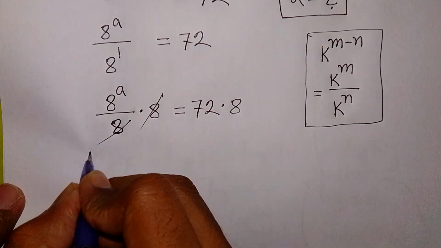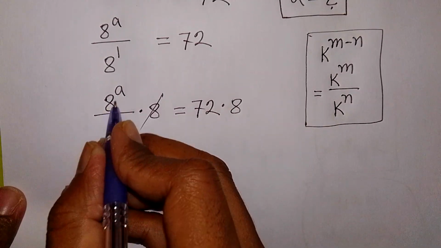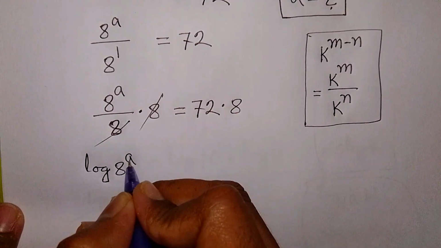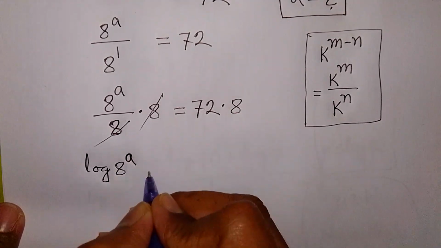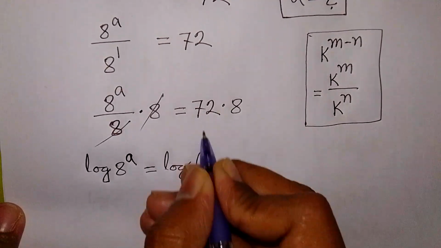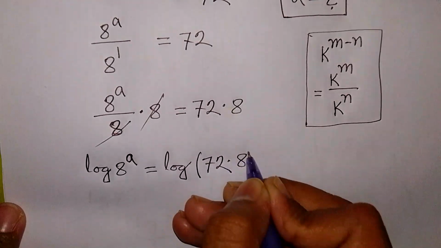Now we apply log in both sides. So log of 8 power a is equal to log of 72 times 8.